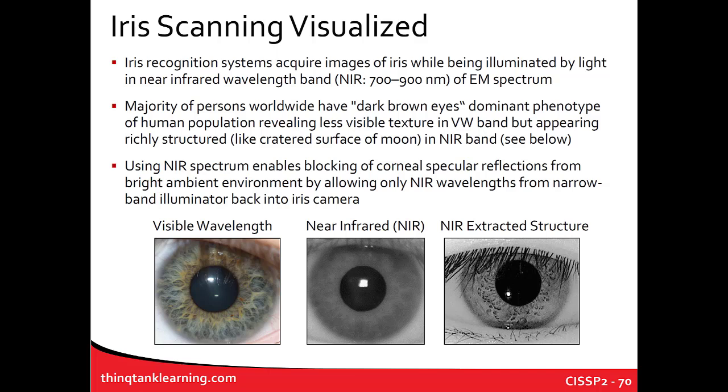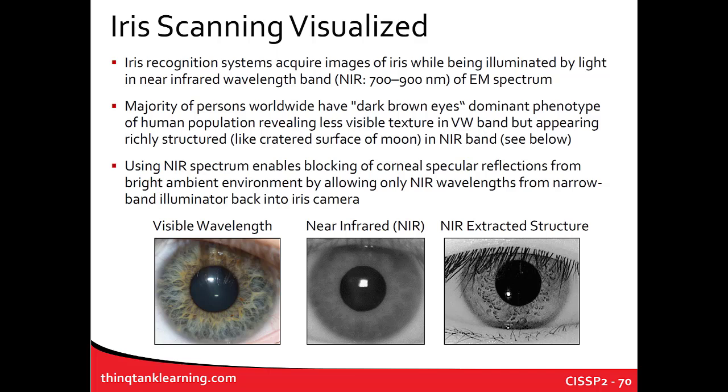Why does near infrared matter? Most people have dark brown eyes because they have a lot of melanin. Dark brown absorbs visible light, which hides the texture of the eye. Near infrared, which is 700 to about 900 nanometers, penetrates that melanin better. So it's still going to reveal the iris's structure even if you have dark eyes.